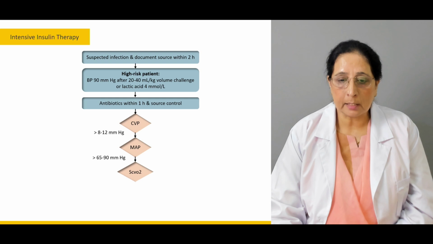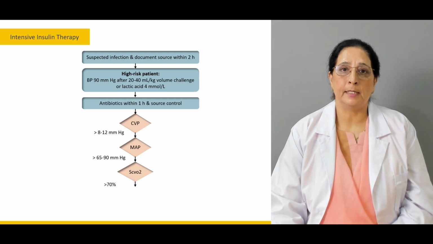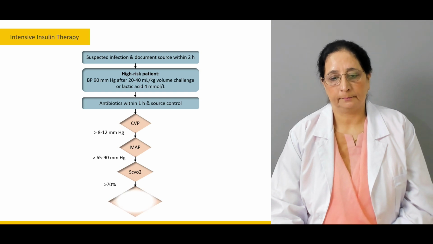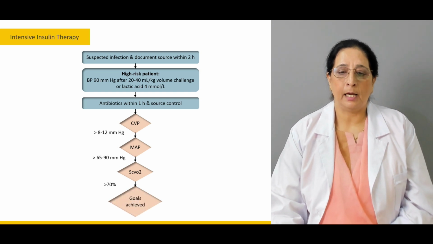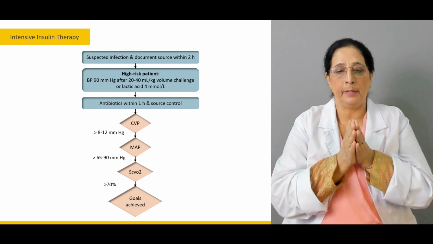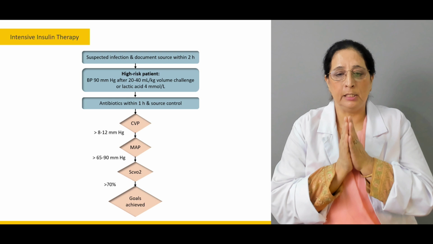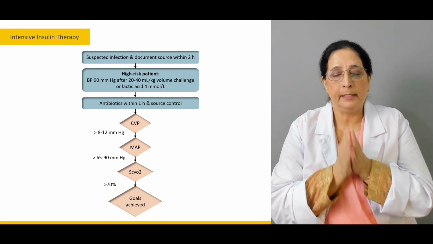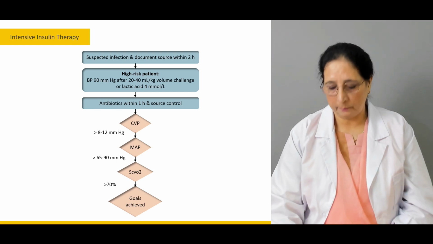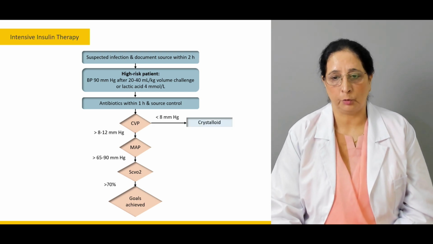Central venous oxygen saturation should be more than 70%, and we should have the goals achieved. So all these are the intensive therapy. We should achieve these goals with the intensive therapy with the antibiotics within 1 hour and source control.